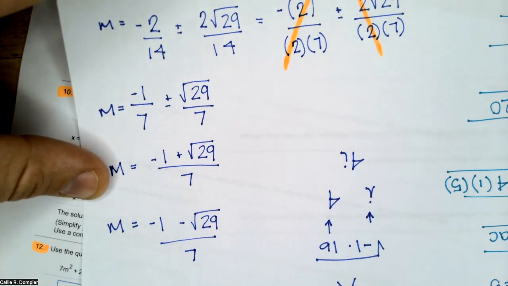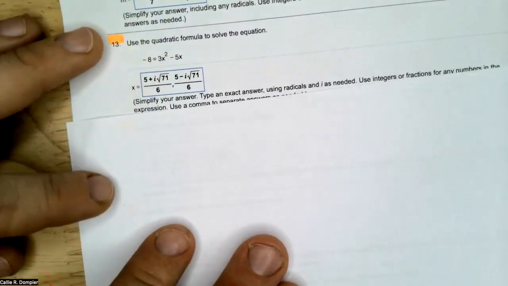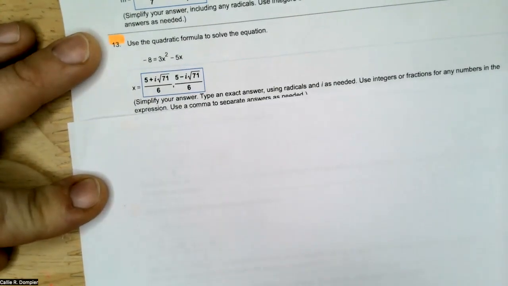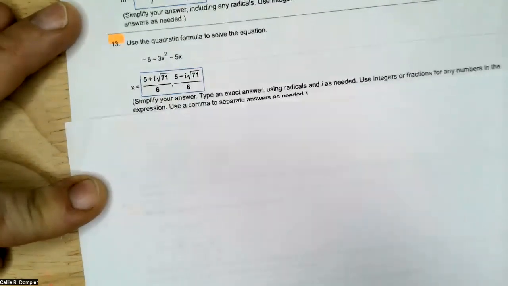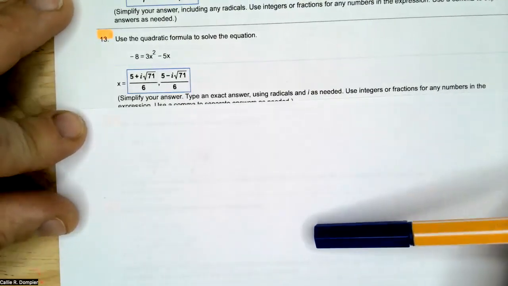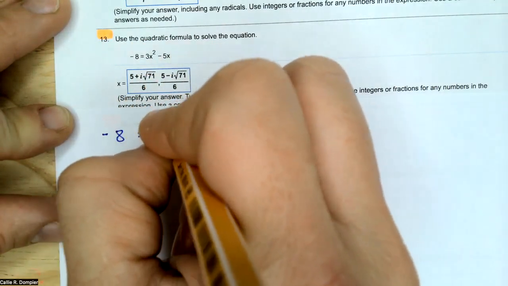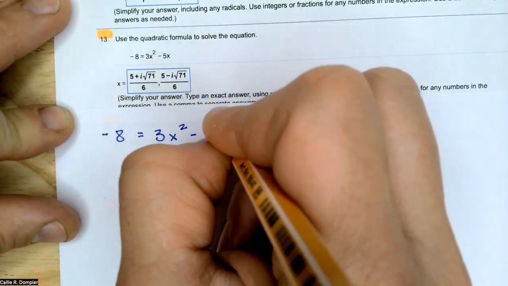Good. That's number 12. So on to 13. Thirteen is -8 equals 3x squared minus 5x.